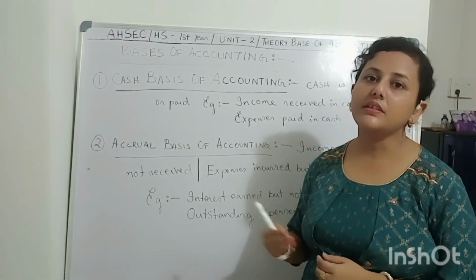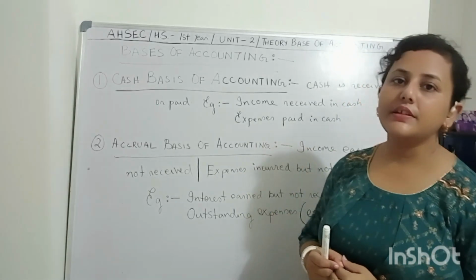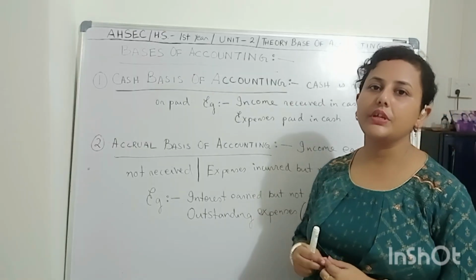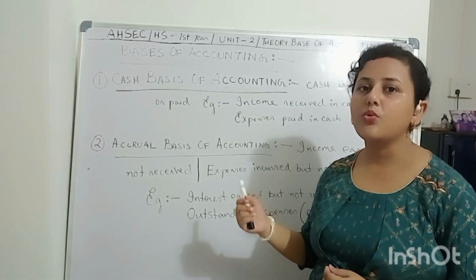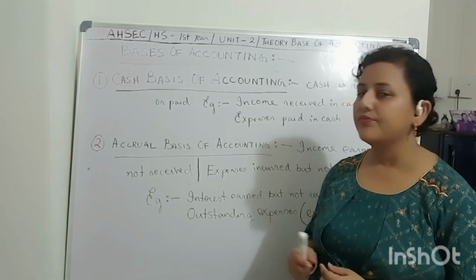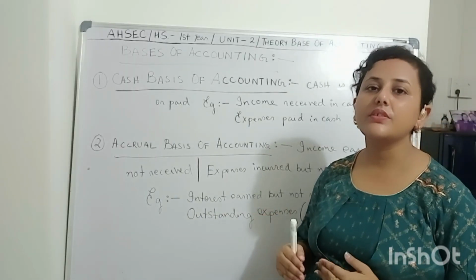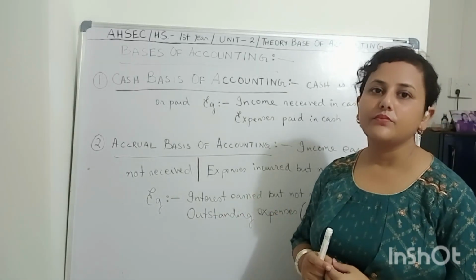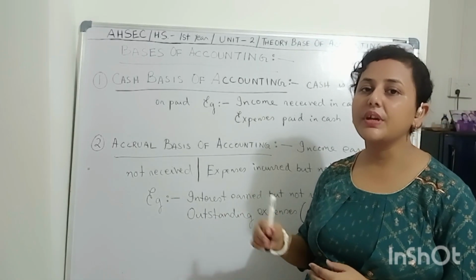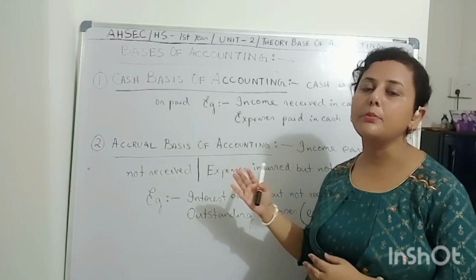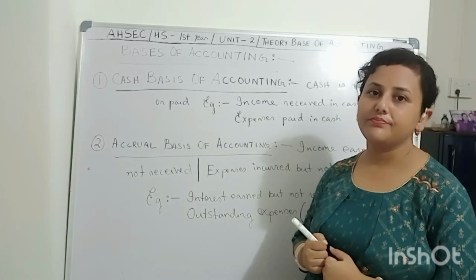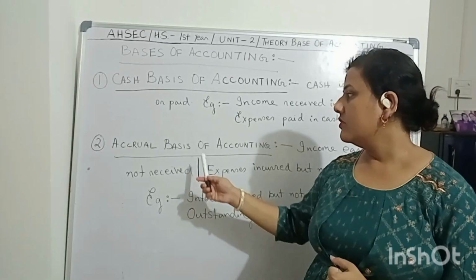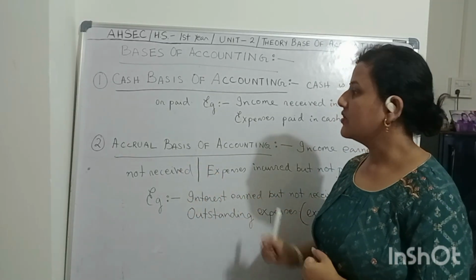He will pay it at some later future date. So that is accrual basis of accounting. Outstanding expenses for the buyer. For the seller, it will be an income earned but not yet received. So that is said in accrual basis of accounting.